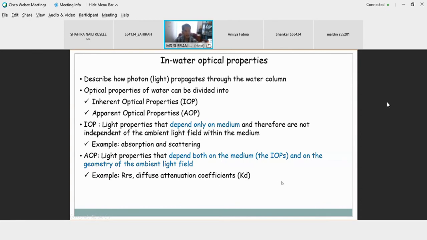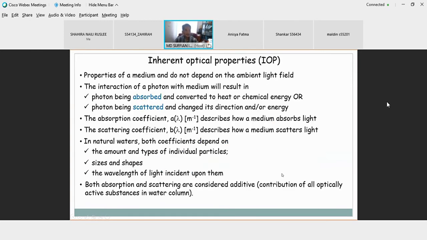Kd for downwelling. And then the properties of medium do not depend on the ambient light field, tidak bergantung kepada solar angle, daripada arah mana datang, sama ada datang in different direction or in one direction. It only depends on the medium. Medium, that means particle in water column.